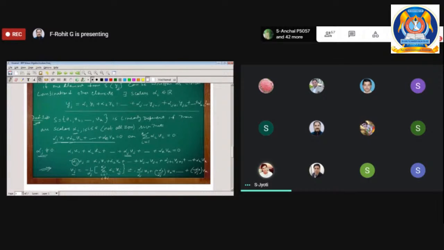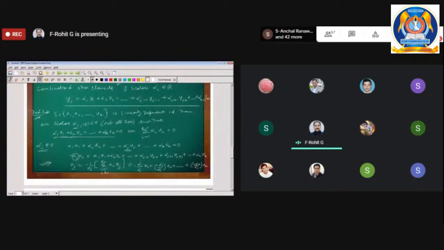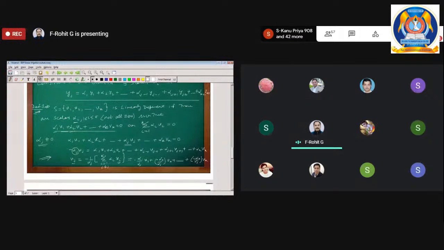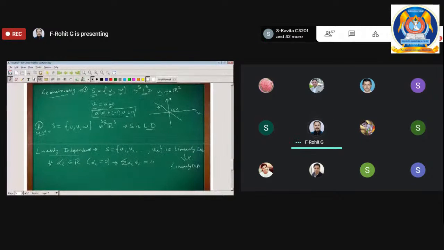Because we are negating the statement, we go with that step also. In place of there exist, we will write its negation: for every alpha I, not all 0, the expression should also not be equal to 0.